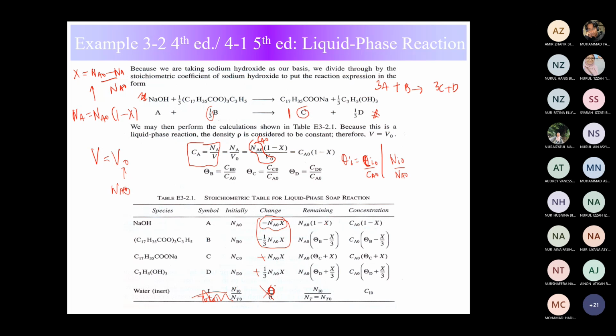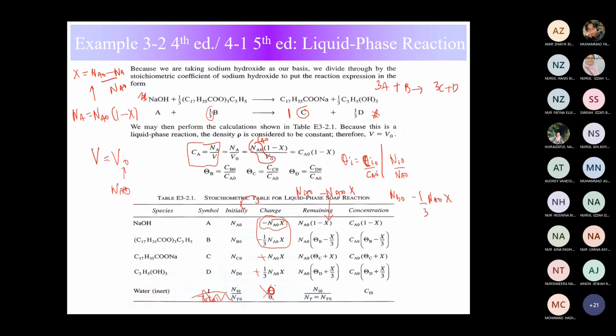Okay, alright, so kita tengok pada remaining. So remaining ni adalah berkaitan dengan initial and change, dua kolom ni. Okay, so you just put it, alright. Remaining should be Na0 minus with the Na0X. Okay, tapi dia rearrangekan become like this. Okay, and Na0 ni dia bawa keluar. Alright, and then here remember okay, from NB0, okay, minus with the 1/3 Na0X.